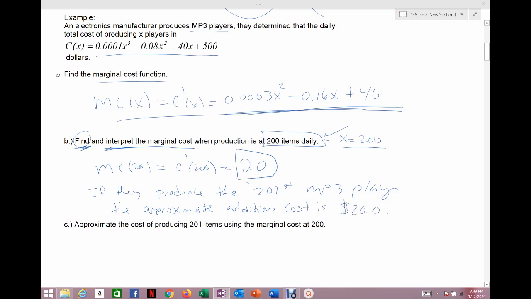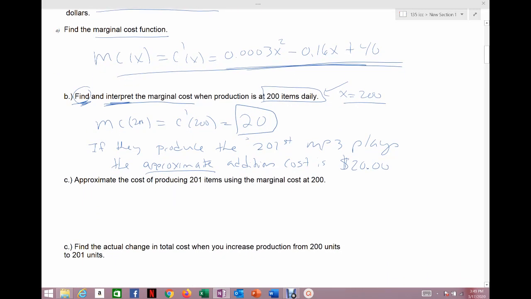It doesn't mean 201 players cost $20. It means that one more, going from 200 to 201, cost them about $20 more to do that. That's what that means. And again, it is an approximate cost.